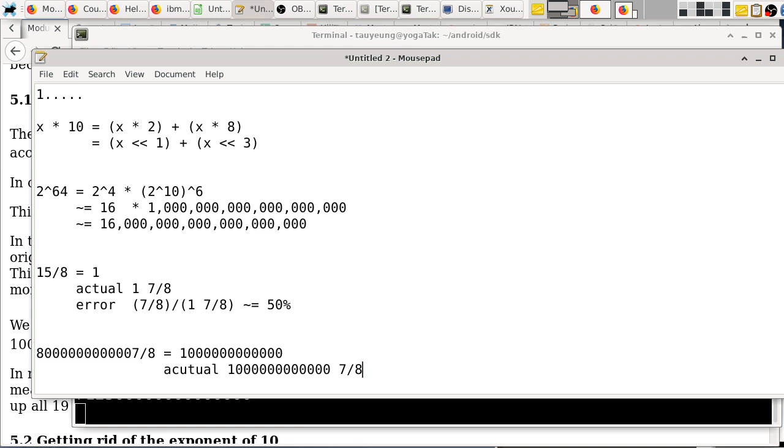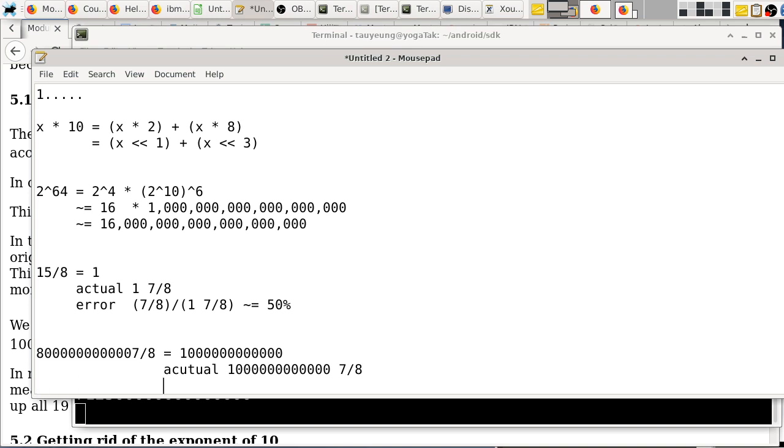The point is still the same. I just did not make the first example actually have an error, but this time it has an error. This is what you get when you have integer division, but this is the actual result of the division. So what is the error?